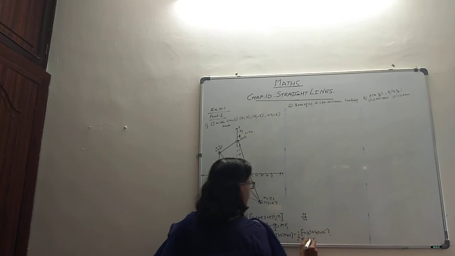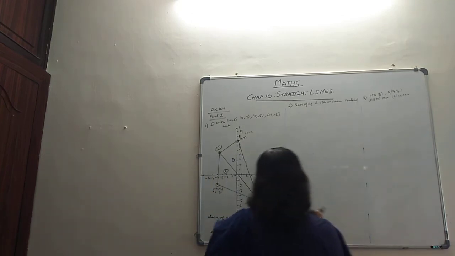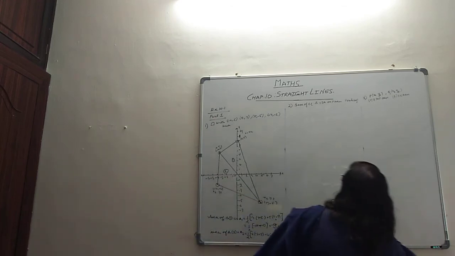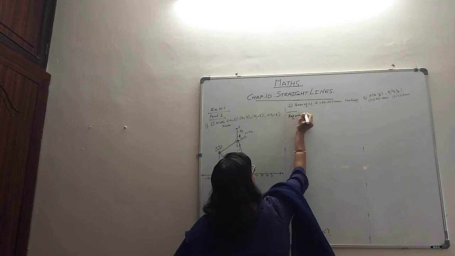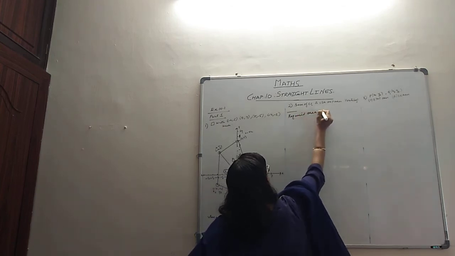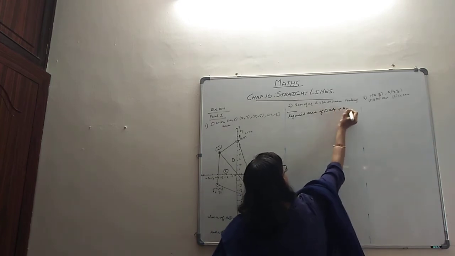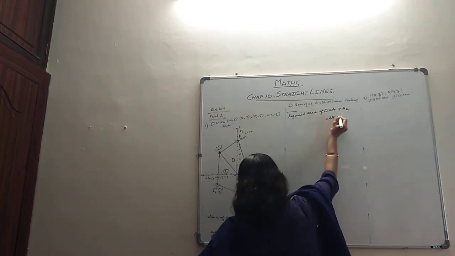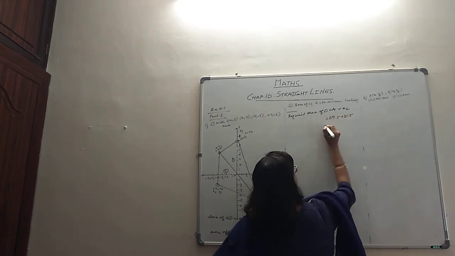It is 31.5, right? So the required area of the quadrilateral is A1 and A2 together, which we are getting as 29.5 in the first case, and in the next case 31.5.